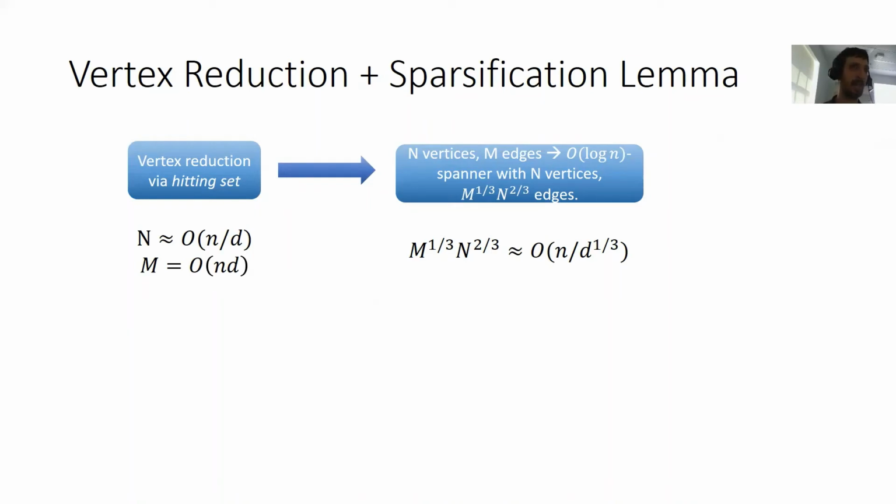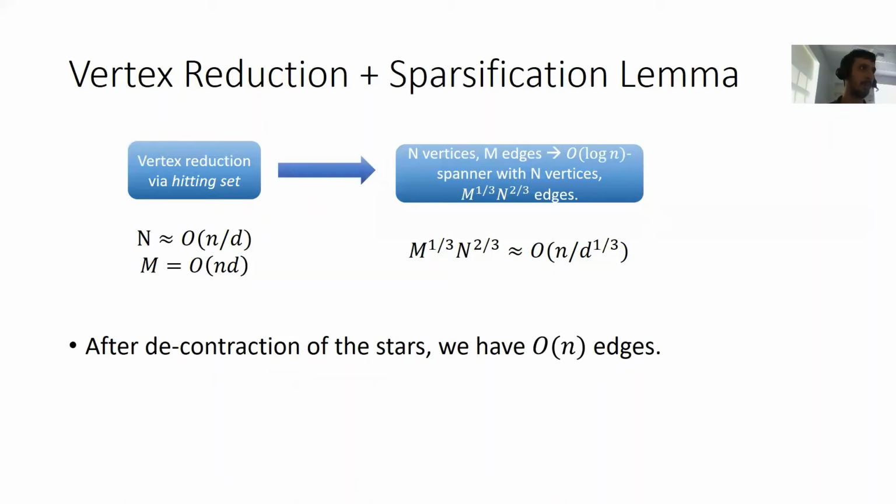So first we reduce the graph to roughly order of n over d vertices, and the number of edges is order of n times d. And after sparsification, if you calculate it, this gets you order of n over d to the 1/3, which is order of n.